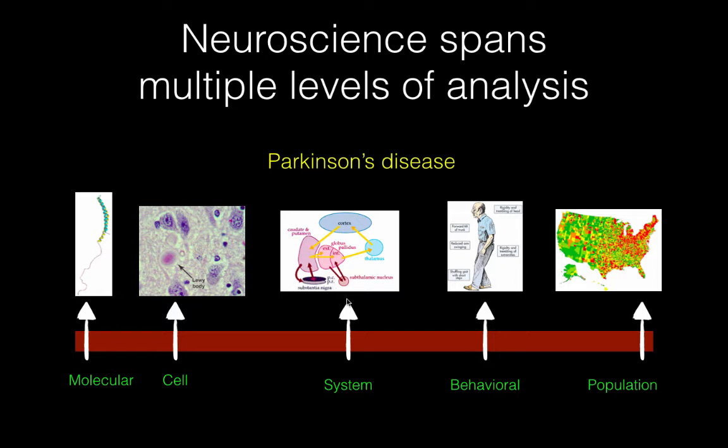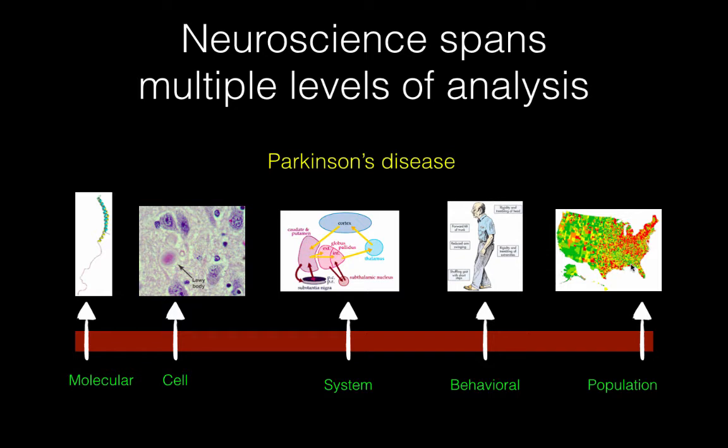On the system level, scientists are very much interested in how groups of neurons interact and connect with each other. Those that are behaviorists could be interested in the motor behavior and motor patterns of individuals affected with Parkinson's disease.